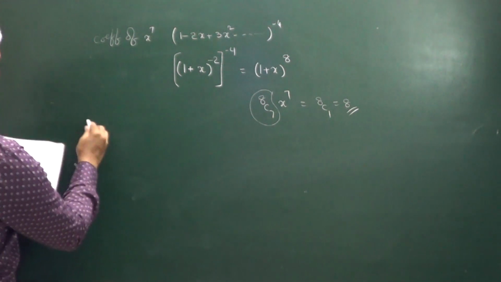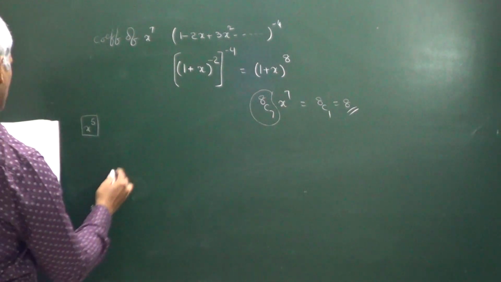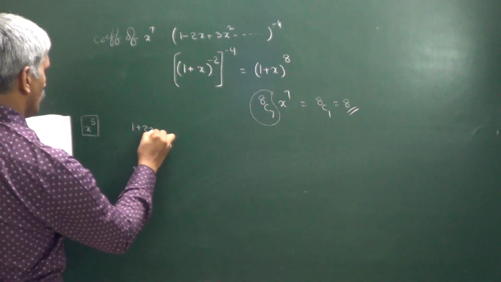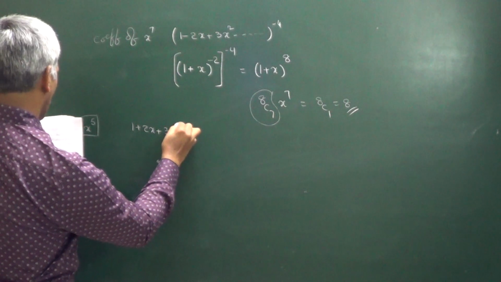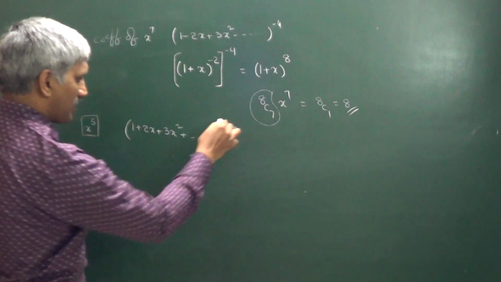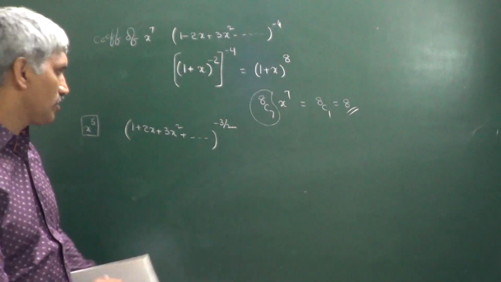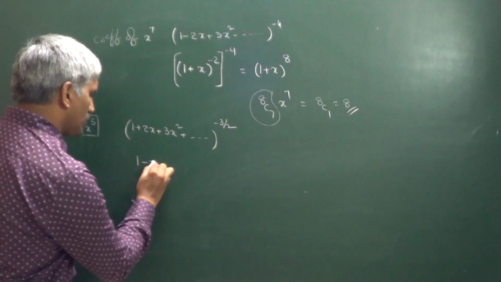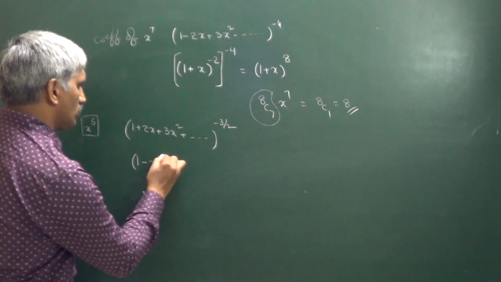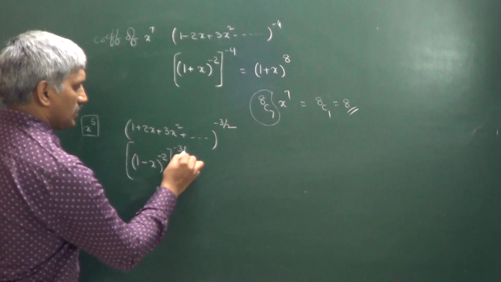Next, another question is asking the coefficient of x to the power of 5 in the expansion of (1 + 2x + 3x² + and so on) whole to the power of -3/2. In this expansion we have to find out the coefficient of x to the power of 5. Yes, we can write this as (1 - x)^-2 whole to the power of -3/2.